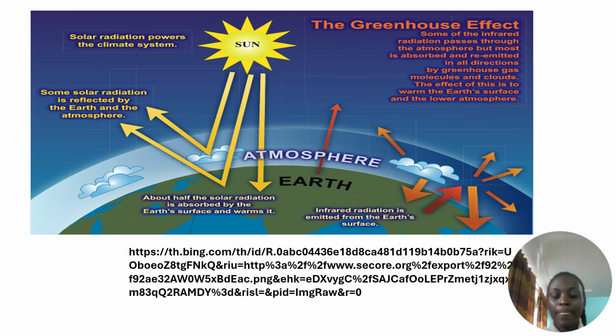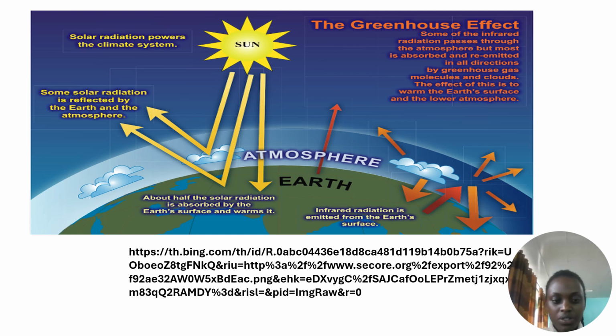Here we have a picture that demonstrates how solar radiation acts. Here we see the sun and some rays which are pointed to the earth, and others which are reflected from the earth.